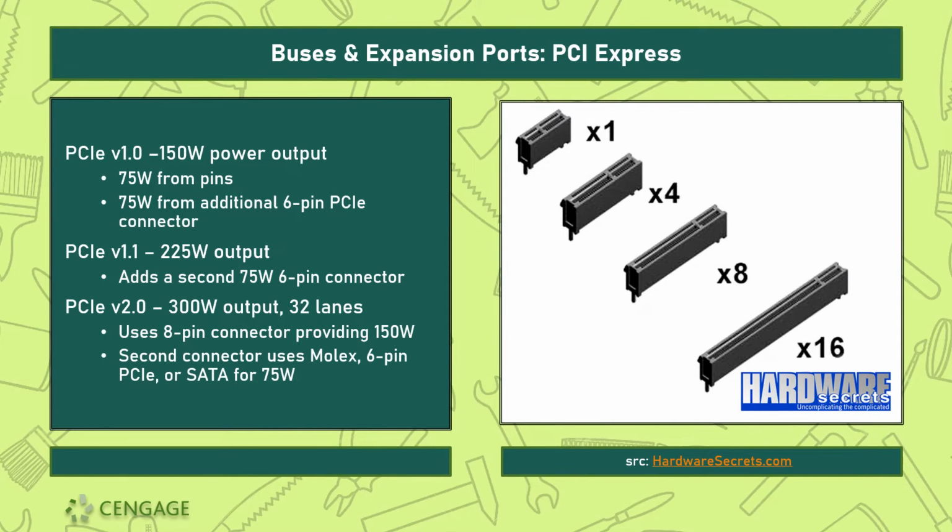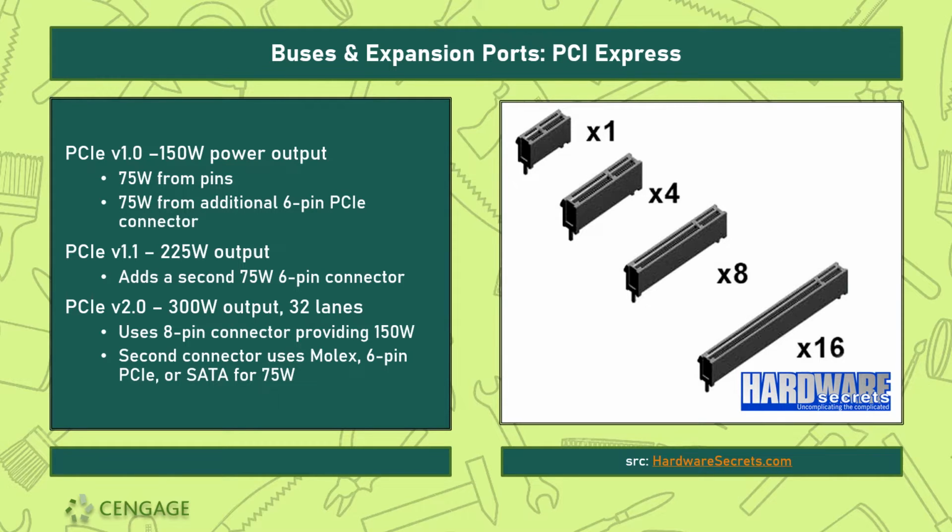So here we can see some visual representations of what the different PCI Express slots look like. You can see the X1, shortest of the lot. The X4, about double the size. The X8 probably another 50% over, and then the X16 probably another 30 or 40% above that. So the X16, you can see, is probably about 5 or 6 times larger than the X1.